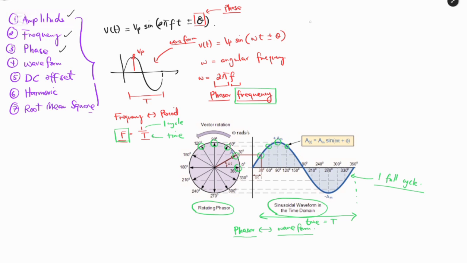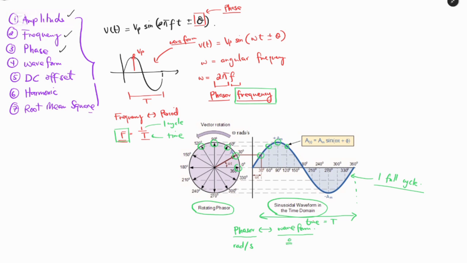To understand, we can simply summarize that the phasor is mostly expressed in radians per second, corresponding to the waveform, which we measure in degrees.